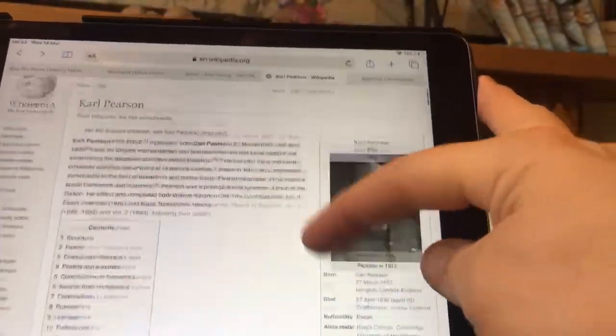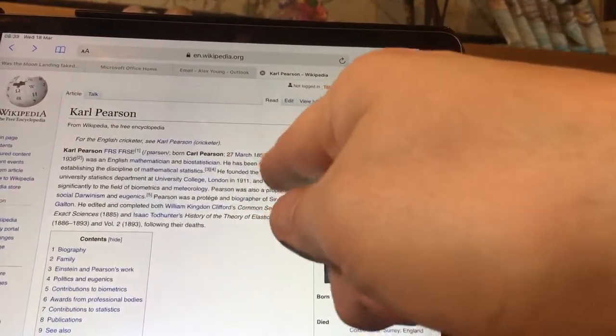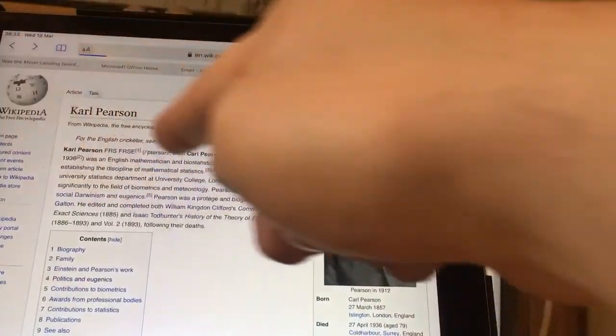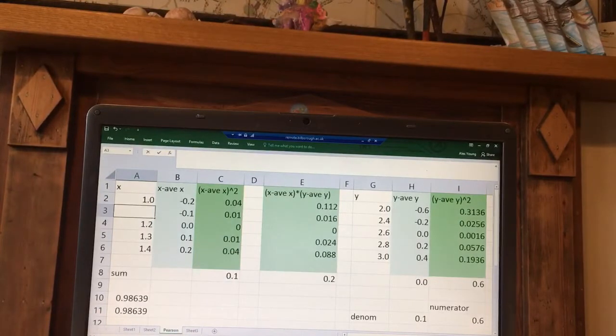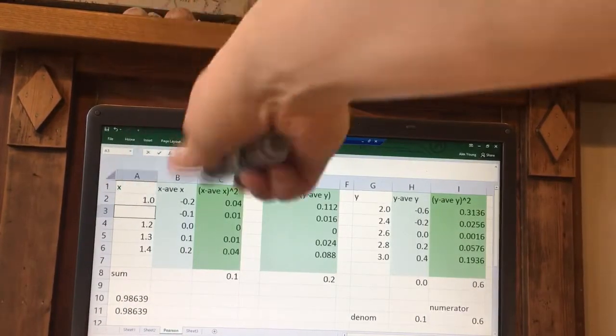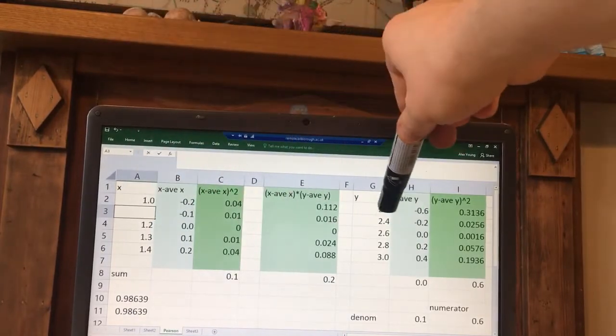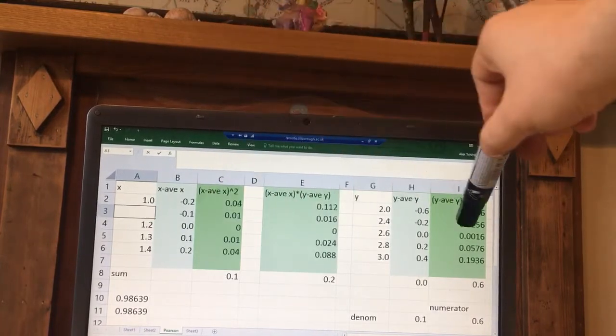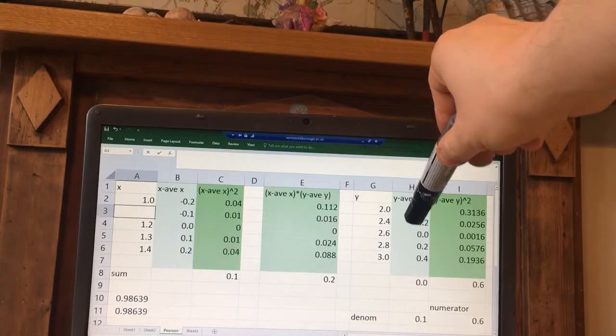He came up with this. It's rather complicated, how he actually came up with it. But if you look at the table and understand it, let's go back to that one. If you look at the table that we've done and you understand it, he's basically trying to find out how far away, for that data set where x is 1 and y is 2, x is that far away from the mean, y is that far away from its mean, are they kind of similar?